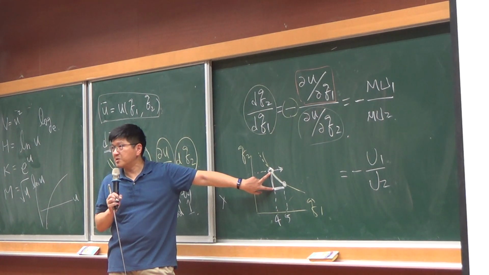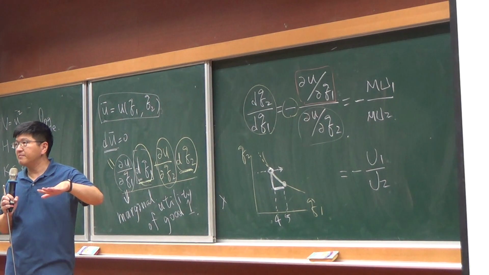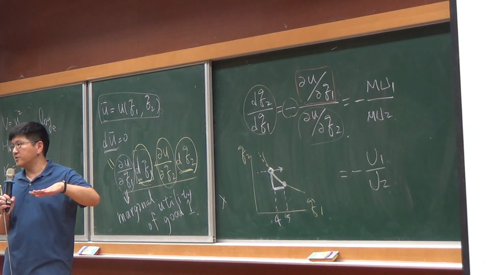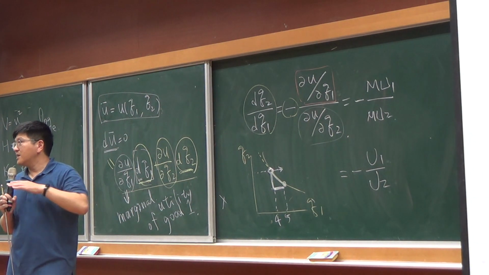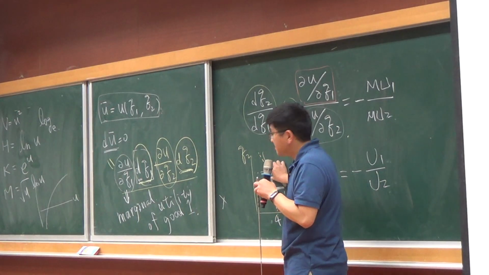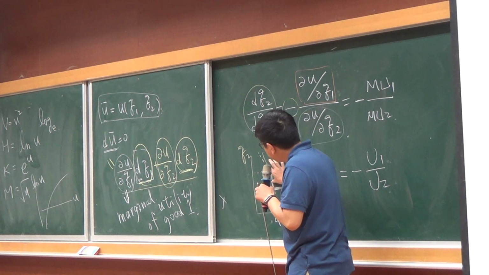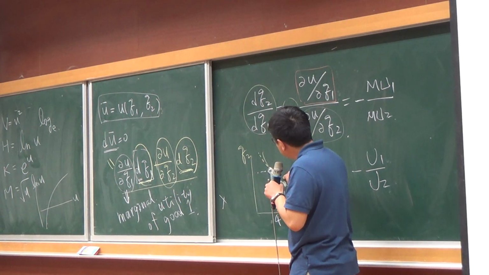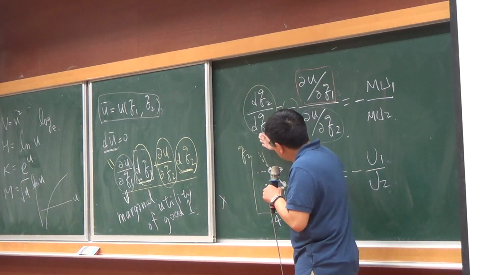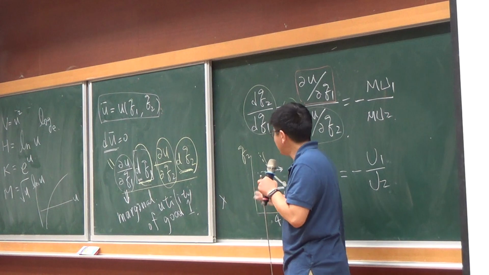And why is it maximum? Because it makes me the same, not worse. Okay? If I cut less than this maximum amount, I would be on another indifference curve which is farther from the origin, and more is better.